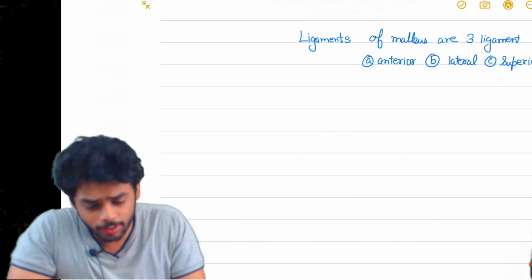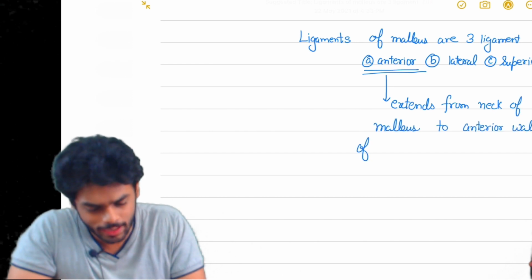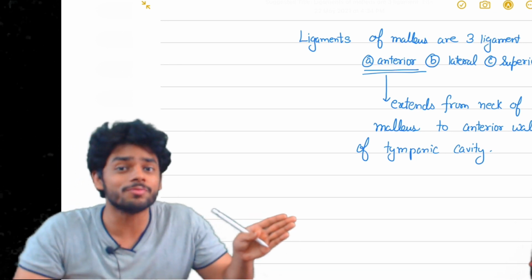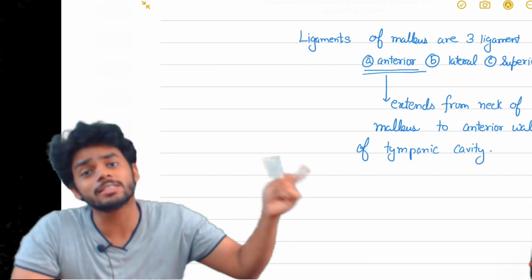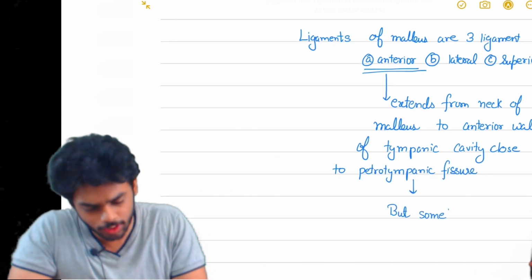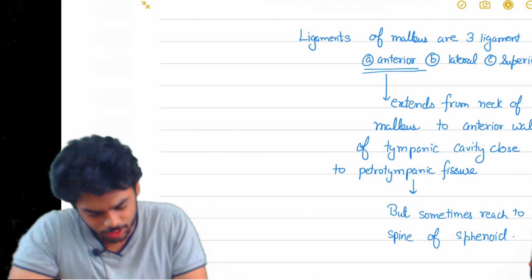Let me write some points about it. Actually, the ligaments of malleus are three: anterior, lateral, and superior, but here we only have to know the anterior ligament of malleus. It extends from the neck of malleus to the anterior wall of the tympanic cavity, and it may proceed and get attached to the spine of sphenoid close to the petrotympanic fissure, but only sometimes does it reach the spine of sphenoid.